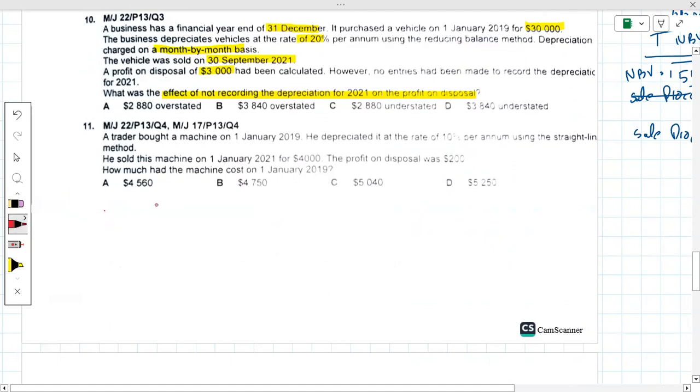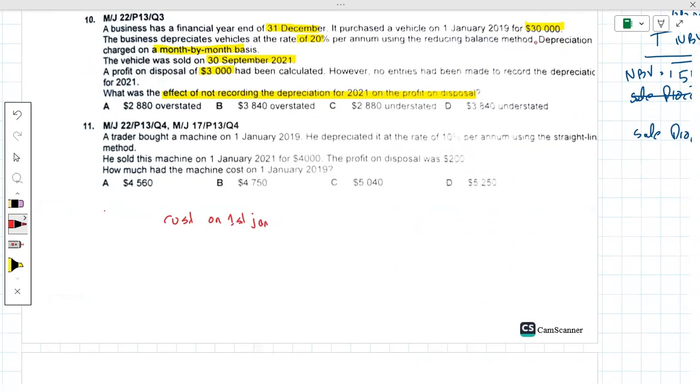Okay, so the cost on 1st January is $30,000, and its depreciation for 2019.